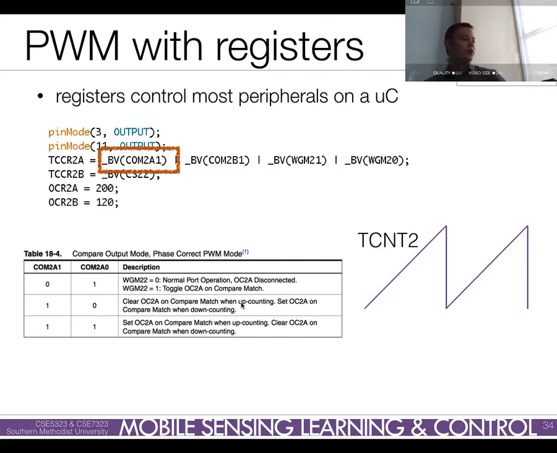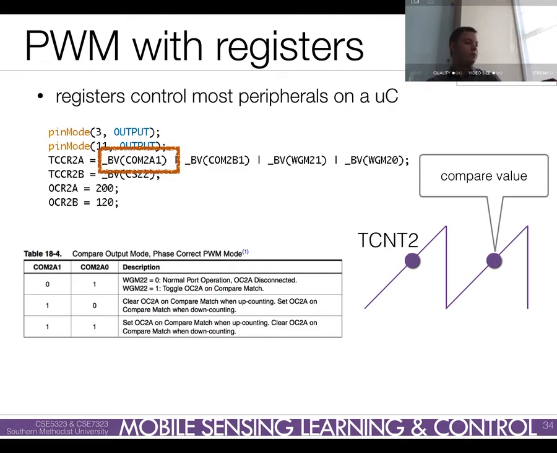Essentially, this is what happens. You've got a counter called TCNT2. It's one counter on the chip. It starts counting up, and it's got this OC2A output, which it's going to compare to a value. OC2A is a bit that's getting set or cleared.